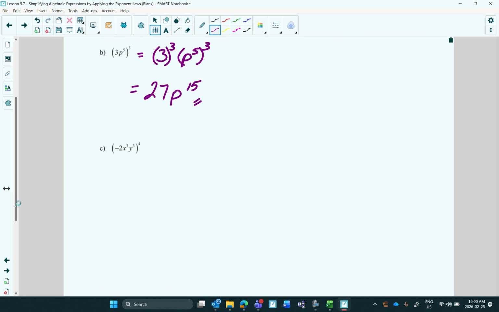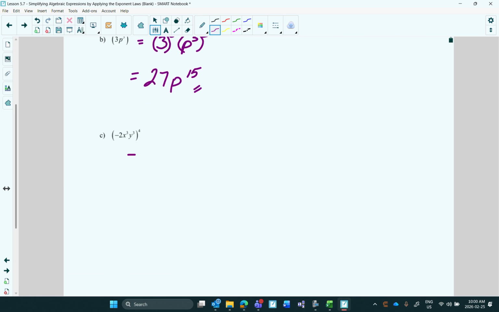This last one here, think of the same thing. You gotta think, okay, I gotta go -2 to the fourth, then I gotta go x to the third to the fourth, then I gotta go y to the third to the fourth. So this first one's not an exponent law. -2 in parentheses to the fourth.